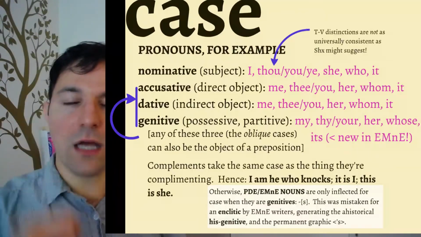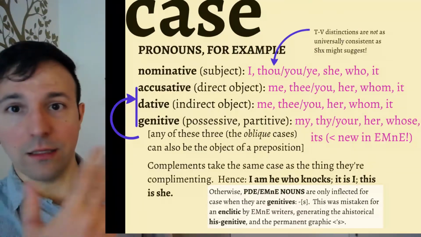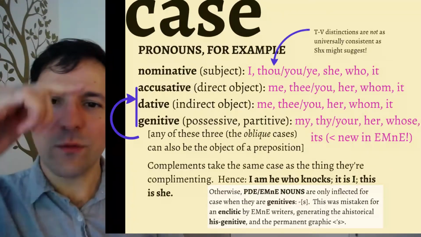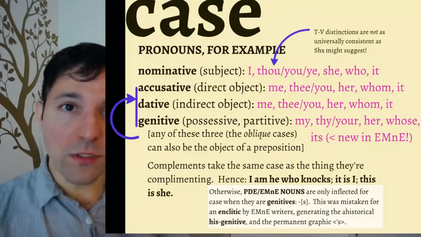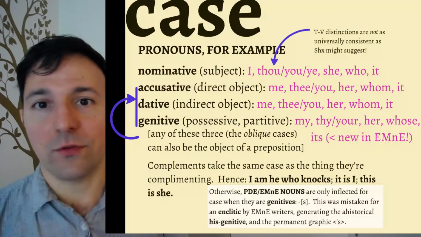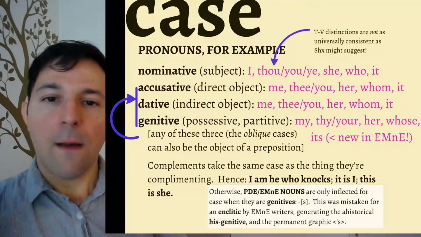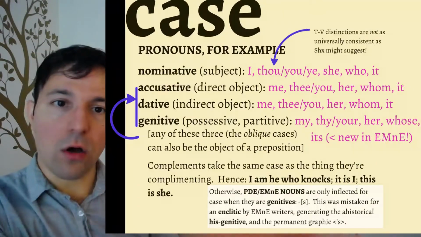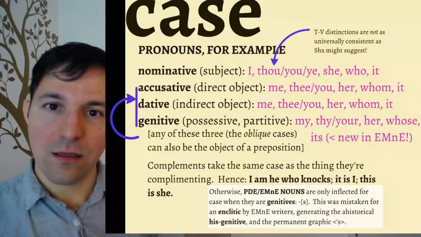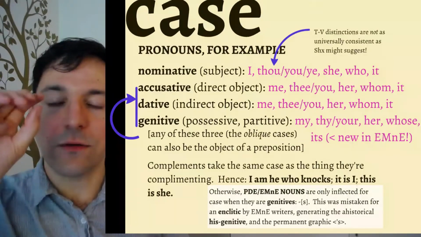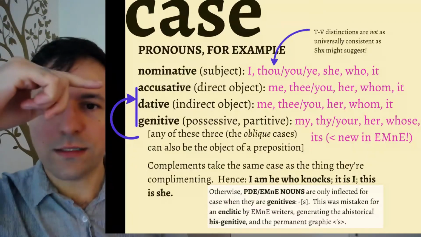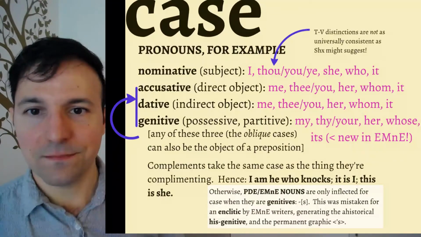If it is the direct object of the sentence, the dog licks me, I am the direct object of licks, then we make it me. In most varieties of English, though not all in the present day, we would neither accept me pets the dog, nor the dog licks I. In both cases, we need to inflect for case. When it's the subject, it's I. When it's the object, it's me.